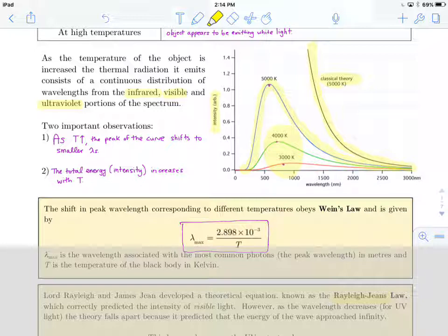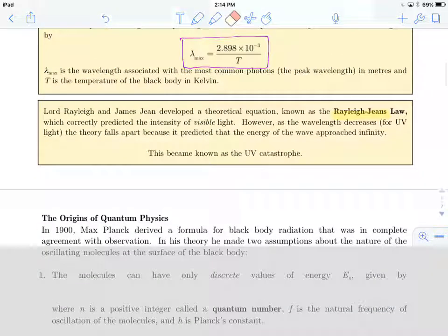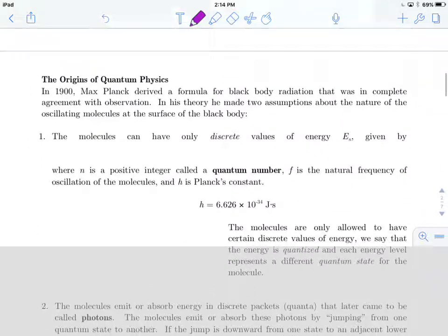They couldn't explain that using classical theory. So that was unexplained, and that became known as the UV catastrophe. And now we enter the origins of quantum physics.